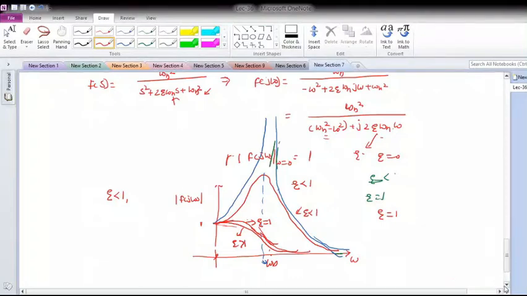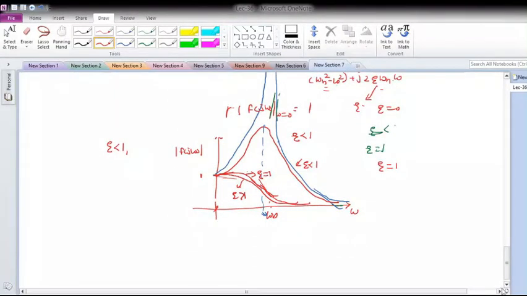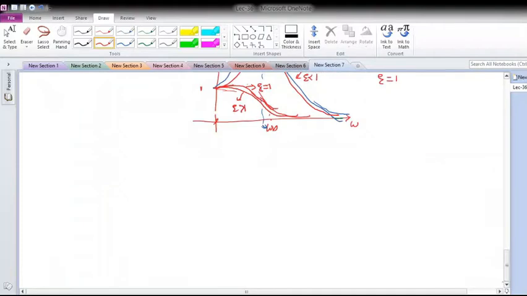Okay, so here we can say that when zeta is less than 1, then I'll be getting the peak at some frequency. No? And when zeta is greater than 1, there will be no peak, and we will get the maximally flat kind of thing. Right? Okay. So now what next? Now we are interested in zeta less than 1, where we will be getting the finite peak basically.